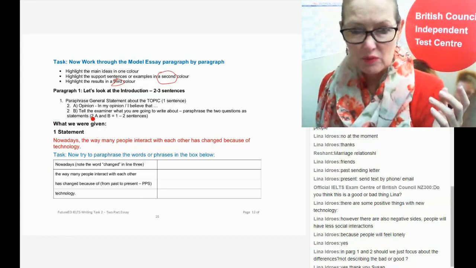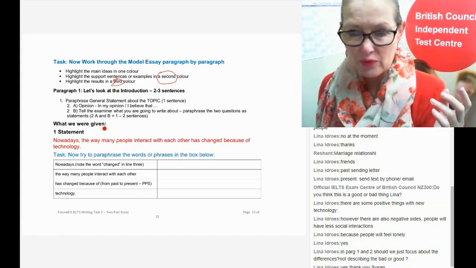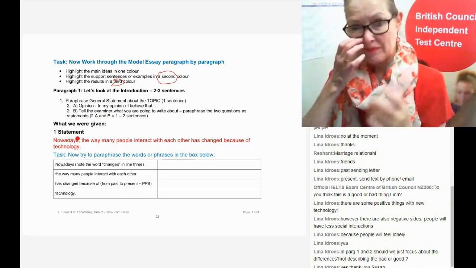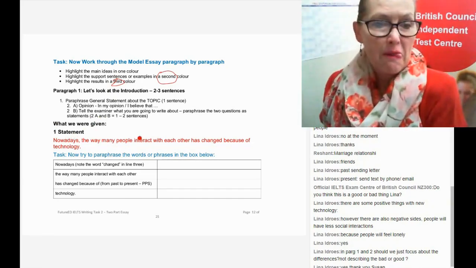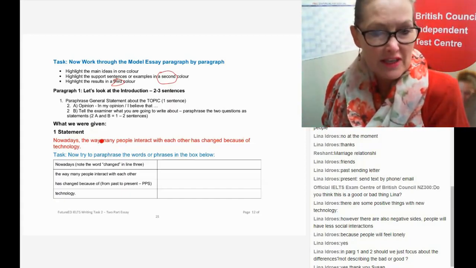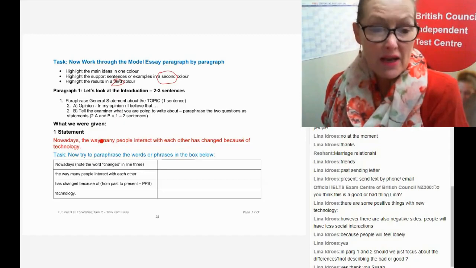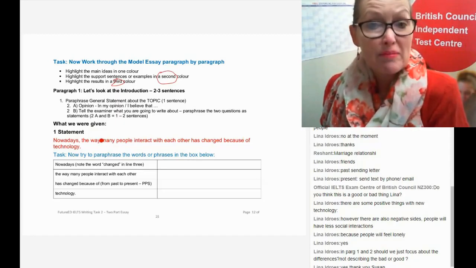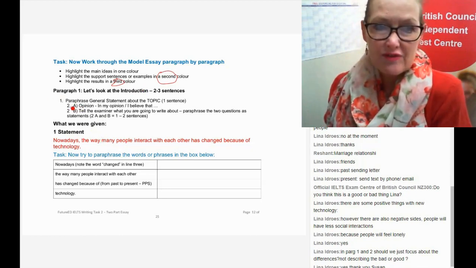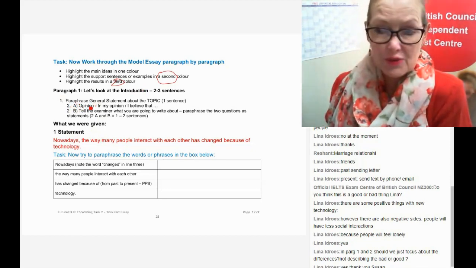So let's have a look at what we're going to do now. We're going to work through this and write these paragraphs together. We're now going to work through the model essay, paragraph by paragraph. As we go through, if you're able to print this out, that's useful.